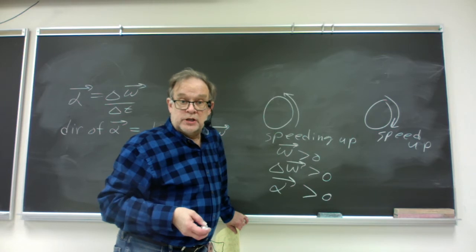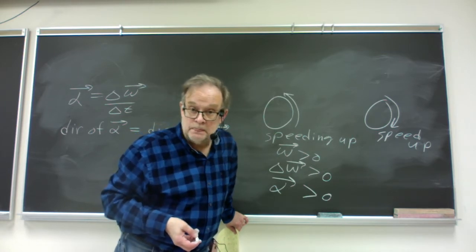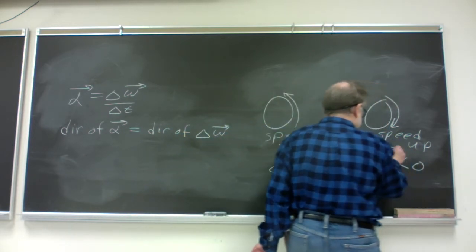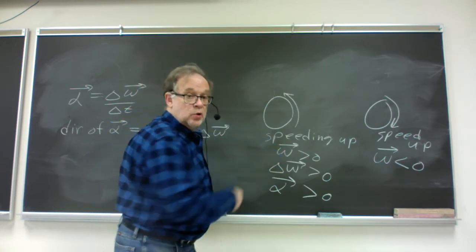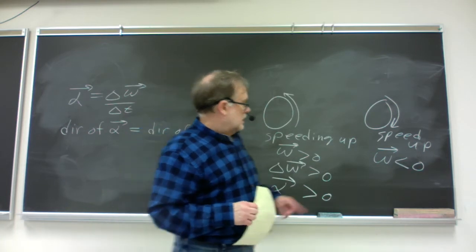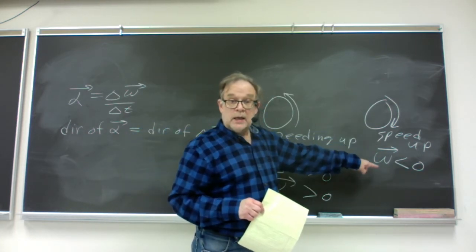We've already established that clockwise rotations correspond to negative angular velocity. And that is an angular velocity that points this way, away from us, along the axis of rotation. And you've got negative velocity and you're speeding up.